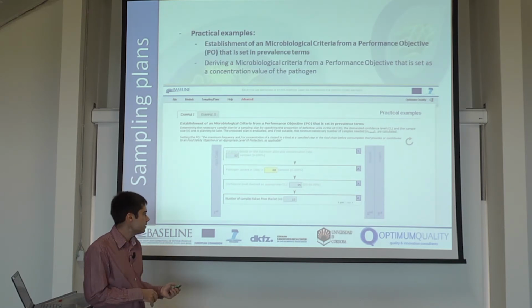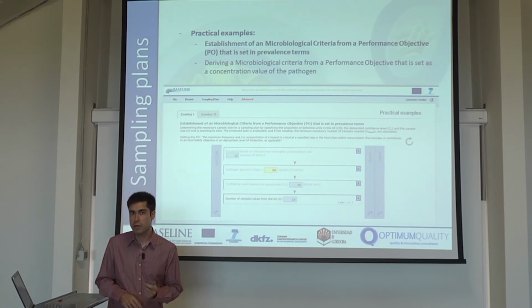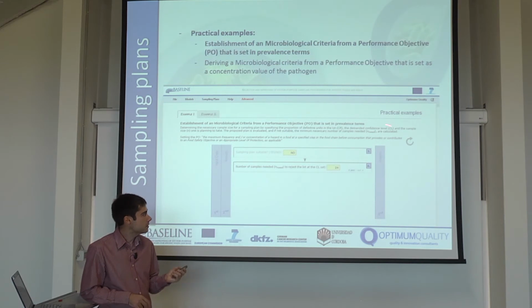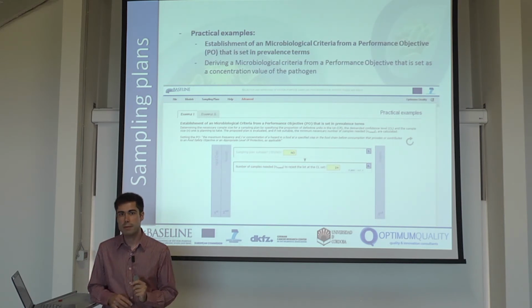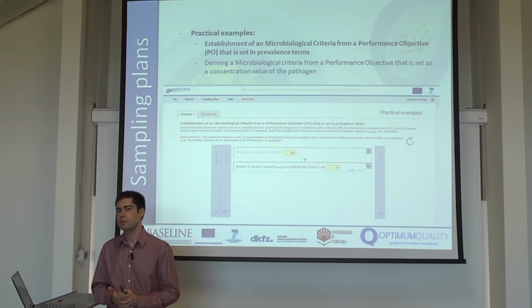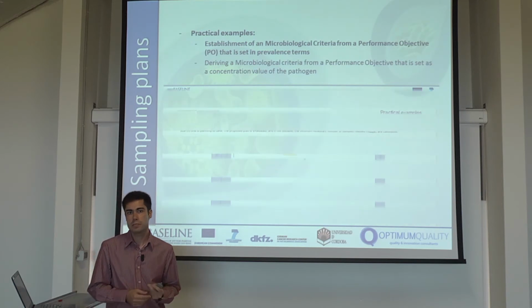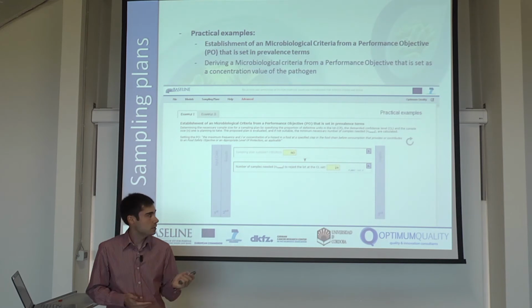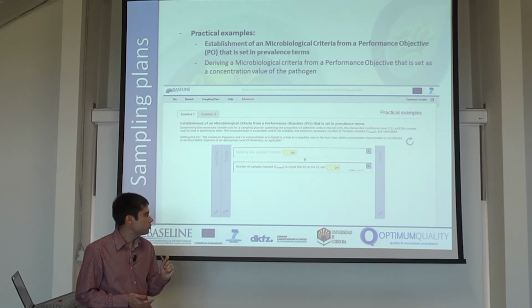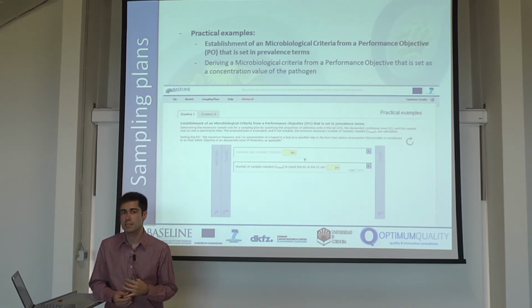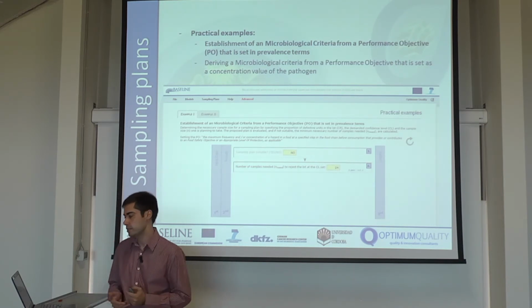The user can set the number of samples taken from the lot, and the software immediately gives the information about if this number of samples is or not enough to accept the lot at the specified confidence level, and also how many samples should be needed to accept the lot. In this case, there were 24 samples to be taken to accept the lot at this specified confidence level, which is usually set at 95%.